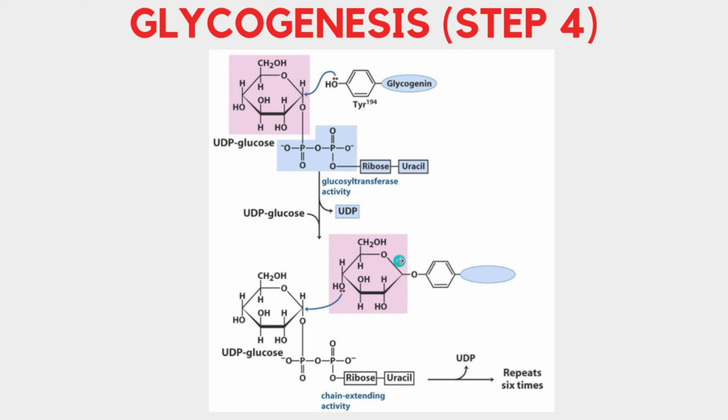And then only glucose is linked with glycogenin. UDP is already released. No UDP anymore. UDP has already gone another way. So the glycogenin molecule itself acts as the catalyst for the addition of glucose until there are about 8 of them linked together.